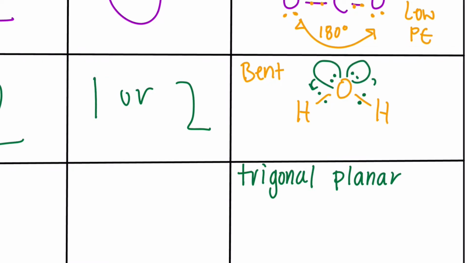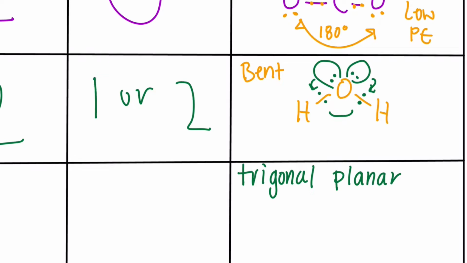These would be 90 degrees apart, and that would be planar. However, molecules exist in 3 dimensions, so they can take up different space and increase the angle between the atoms. So if you have something with 2 bonding partners and 1 or 2 pairs of lone pairs, that will be bent in shape. The electrons that are coming out of the central atom will push the bonds into different positions.